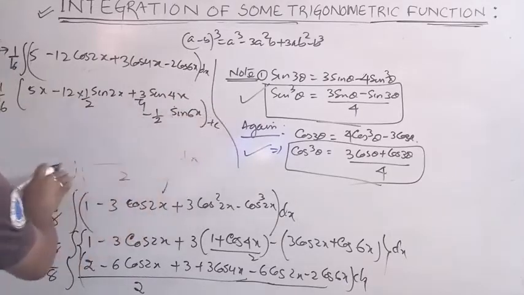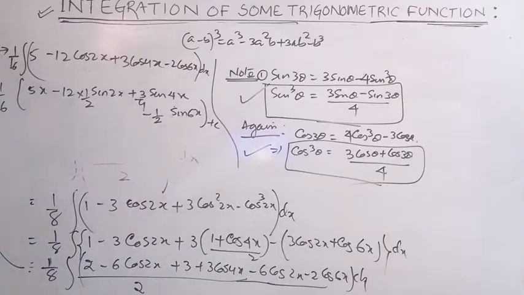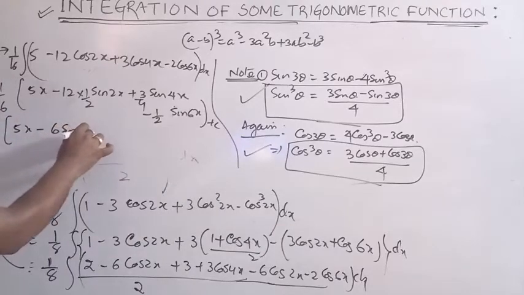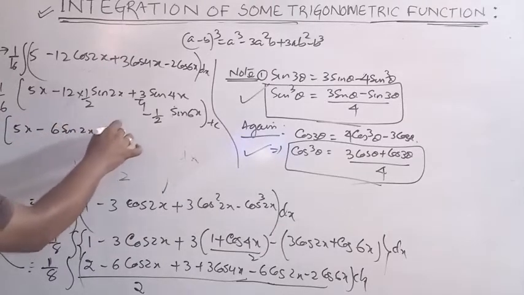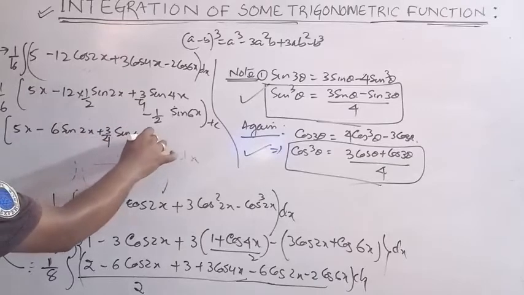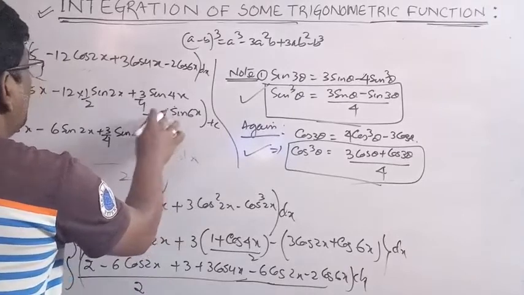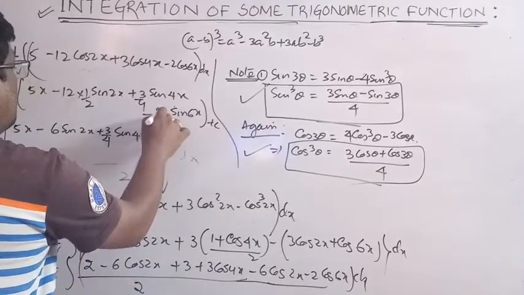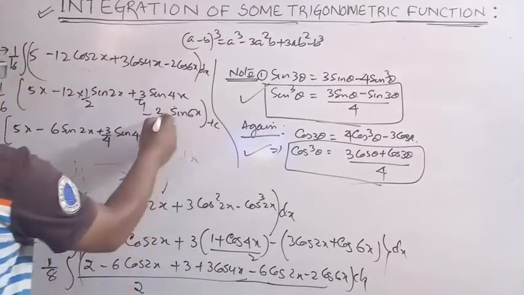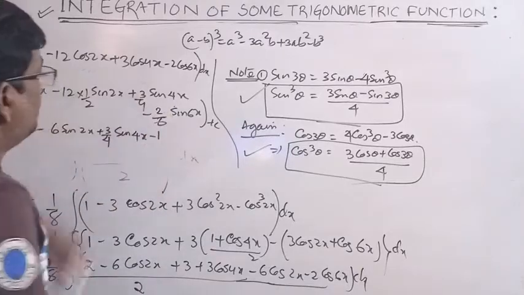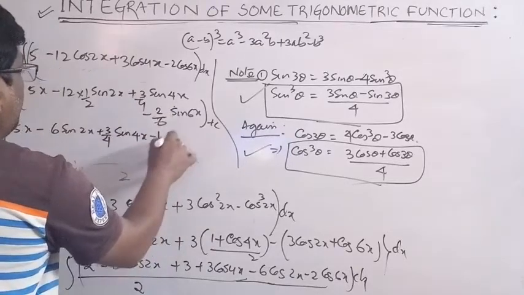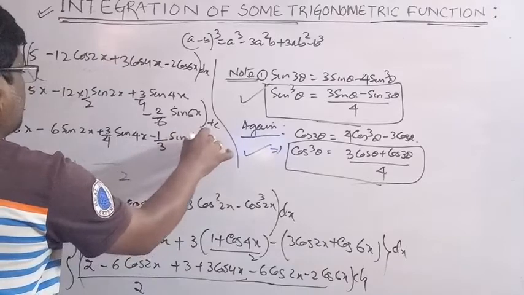So this is 1 by 16 times 5x minus 6 sin 2x plus 3 by 4 sin 4x minus 1 by 3 sin 6x plus c.